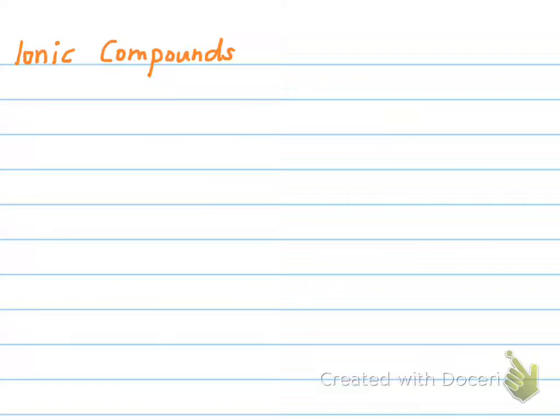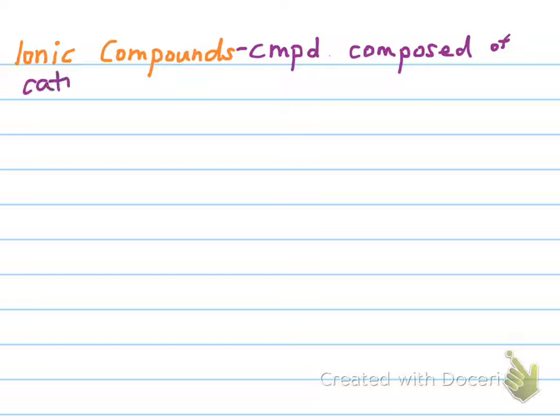So now that we know what, or have reviewed really, what cations and anions are, we can talk about what an ionic compound is. An ionic compound is a compound composed of, or made of, cations and anions.